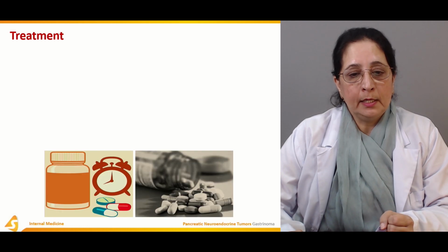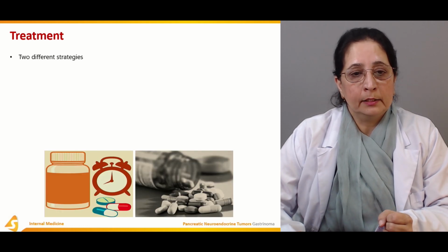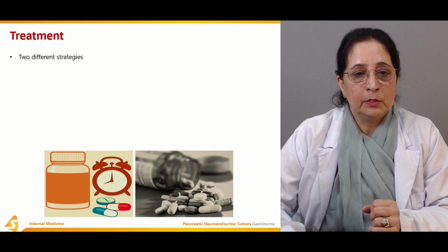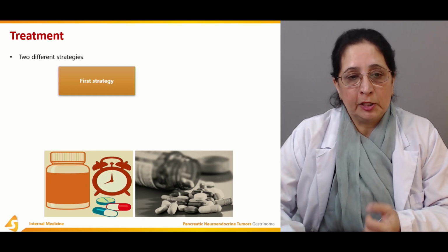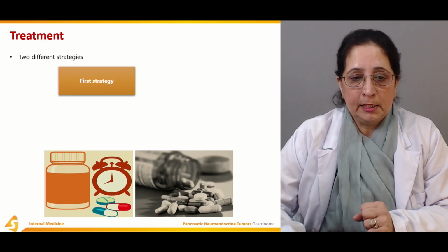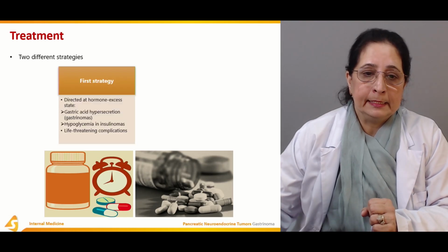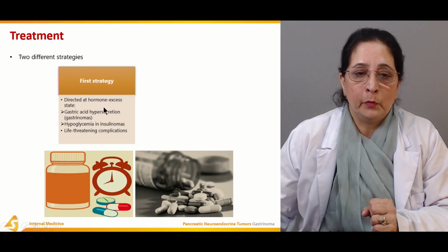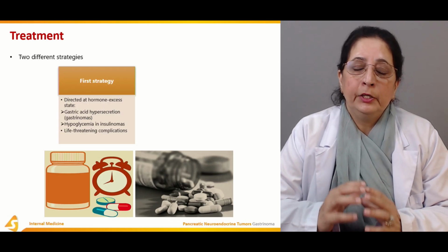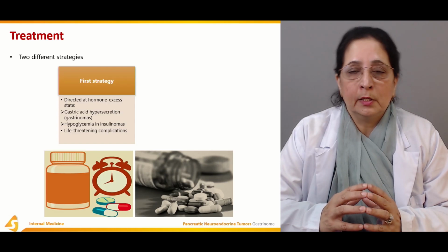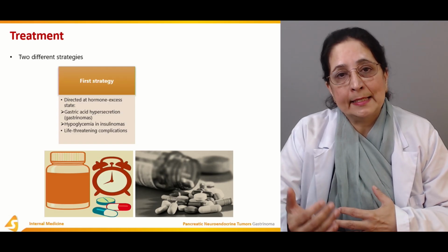Next, the treatment of the pancreatic neuroendocrine tumors. We have two different strategies for the treatment. The first strategy is directed at the hormone excess state. We already mentioned these neuroendocrine tumors are hormone excess states.